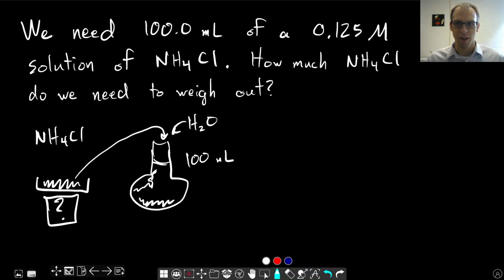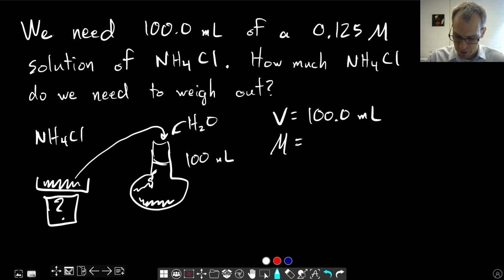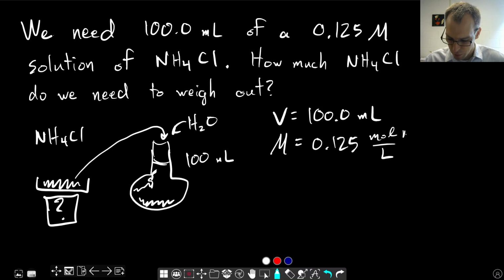All right, let's figure this out. So we've got a few steps we're going to have to go through. What do we know? We know that we have a volume of 100 milliliters. We know we have a concentration. The molarity is equal to 0.125 moles per liter, just writing that out explicitly. And here, what we mean is moles of ammonium chloride.